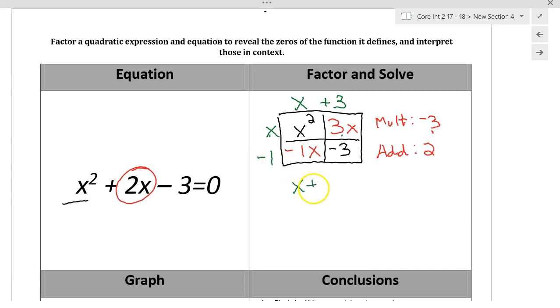Solving then, x plus 3 equals 0, x minus 1 equals 0. And then I subtract 3. I'm going to do x equals negative 3. I'm going to add 1. x equals 1.